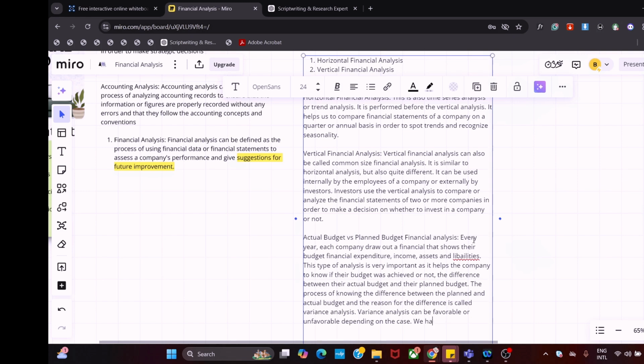We have three major types of budgets: the surplus, deficit, and balanced budgets.